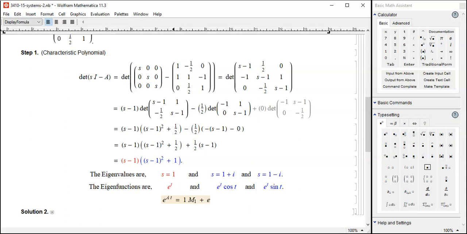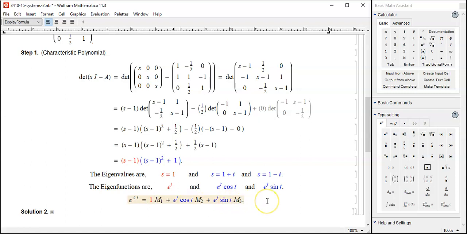And then e t cosine of t m2 plus e t sine of t. Okay, let's write like this. If we have scalar function, it doesn't matter if I put left or right, because this is not matrix multiplication, this is scalar multiplication, so it doesn't matter. But if I have just 1, I don't want to put it in the right hand side, so I switch the order a little bit.